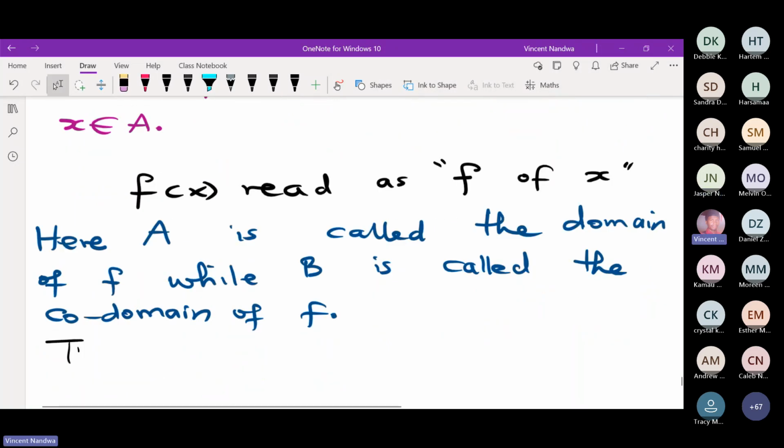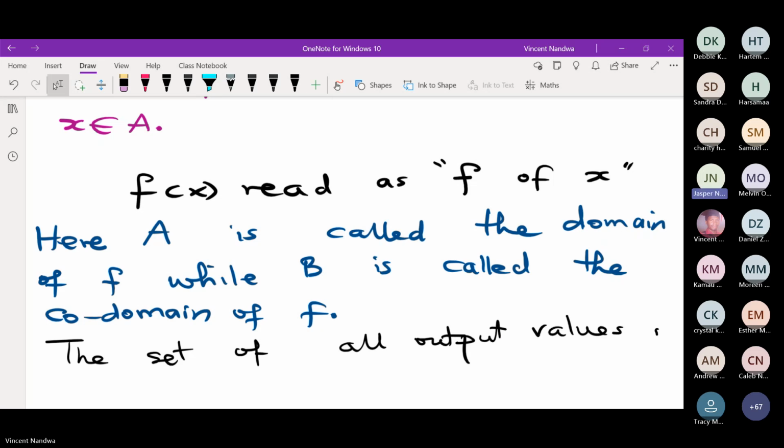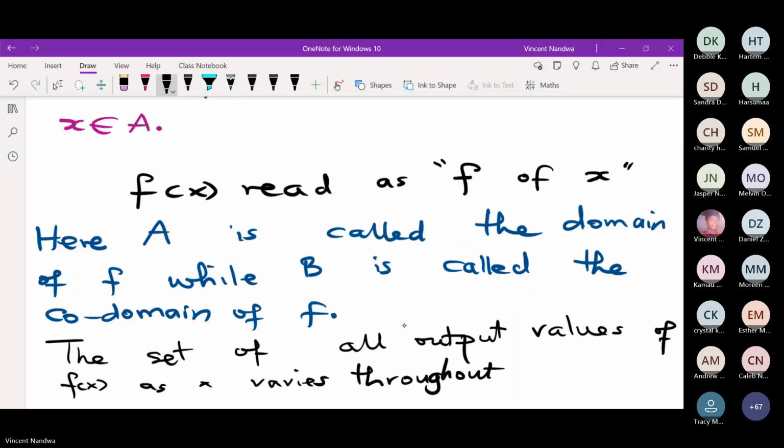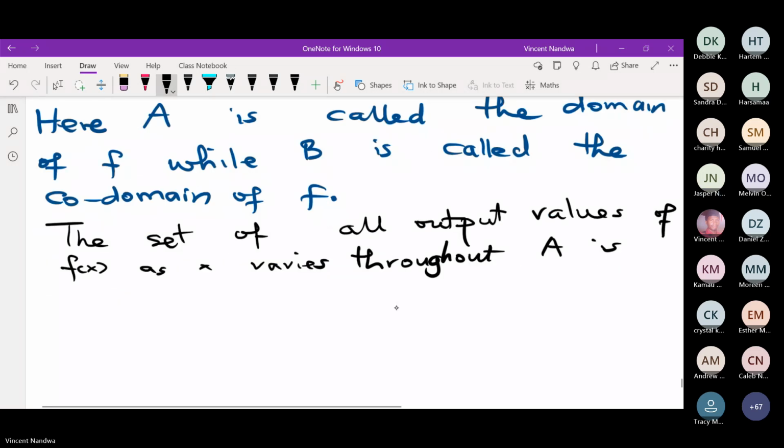The set of all outputs of f of x as x varies is called the range.